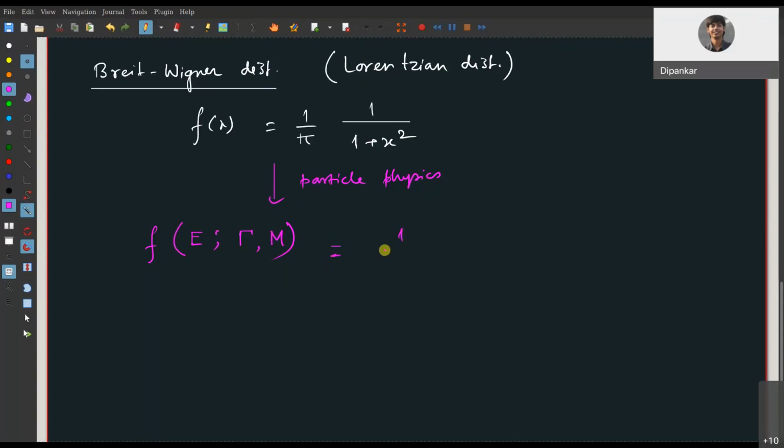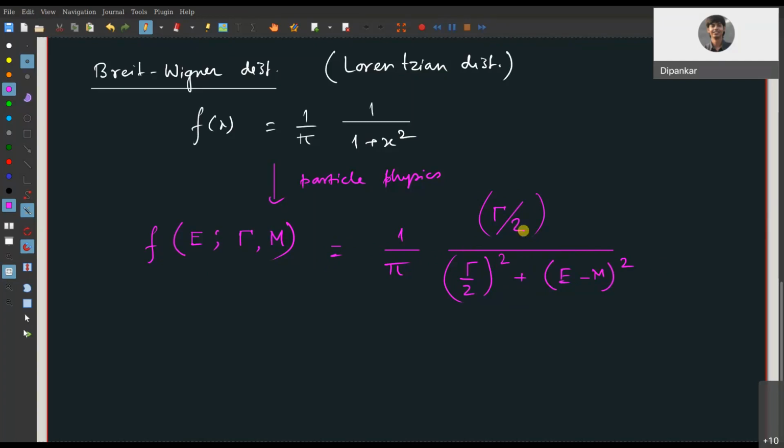This will be given by 1 over pi, gamma over 2 divided by gamma over 2 whole square plus E minus m whole square. Okay, so this is the structure that we sometimes use.